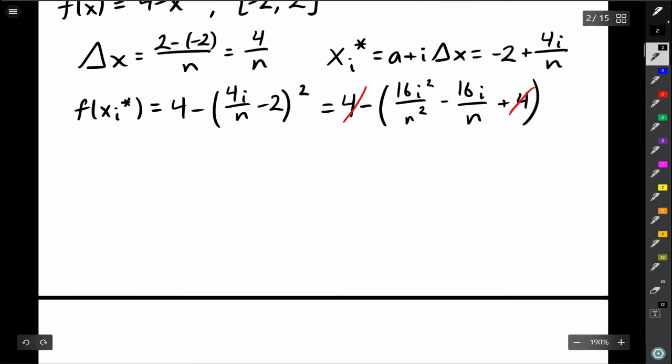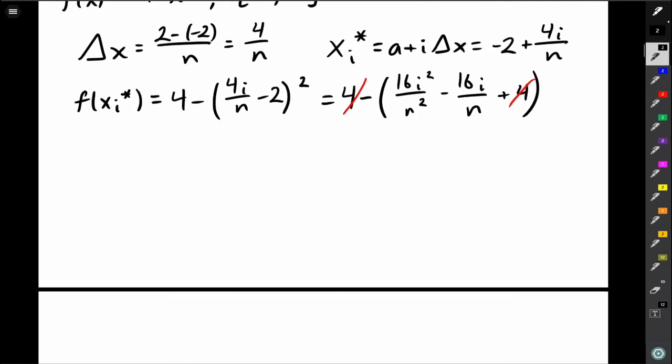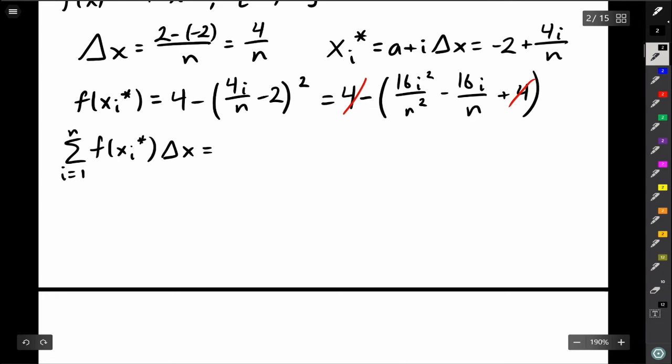All right, so my area, or sorry, let's do this. Let's just write down the Riemann sum first. So f of xi star delta x. So f of xi star, let's distribute that negative sign.